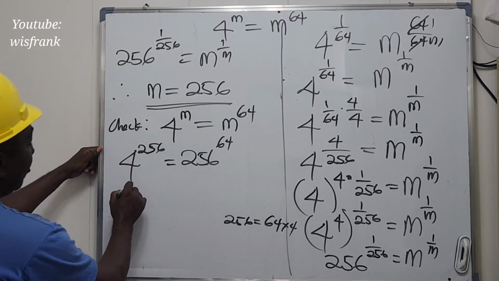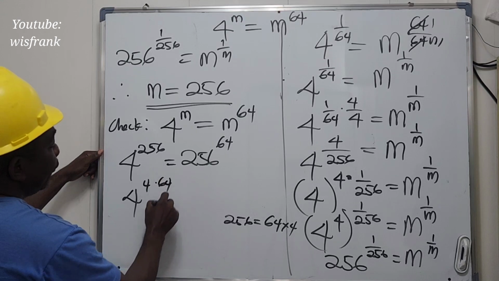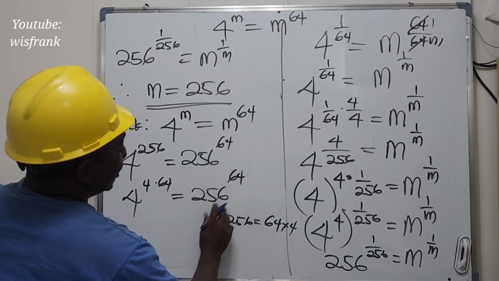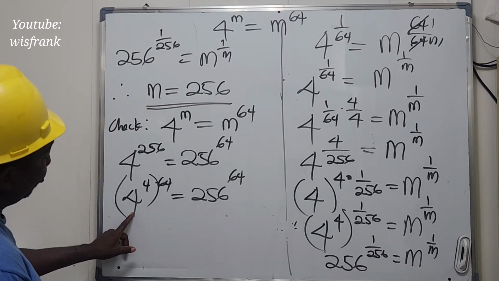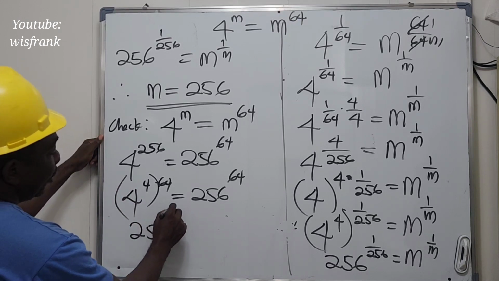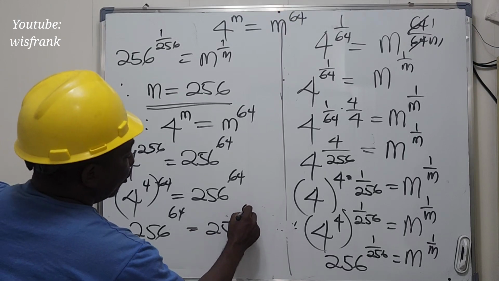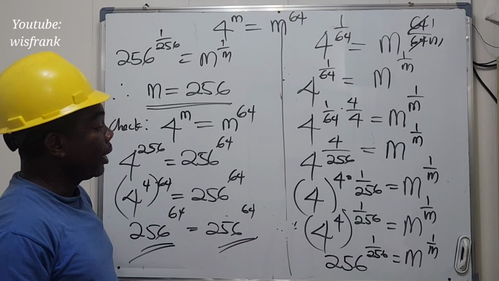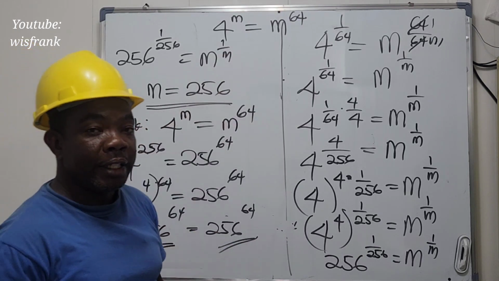So here can become 4 to the power of 4 times 64 equals 256 to the power of 64. So here we can group this. 4 to the power of 4 is the same thing as 256, so 256 to the power of 64 equals 256 to the power of 64. You can see that what we have on the left hand side equals what we have on the right hand side. Therefore, our value of m, which is 256, satisfies this equation.